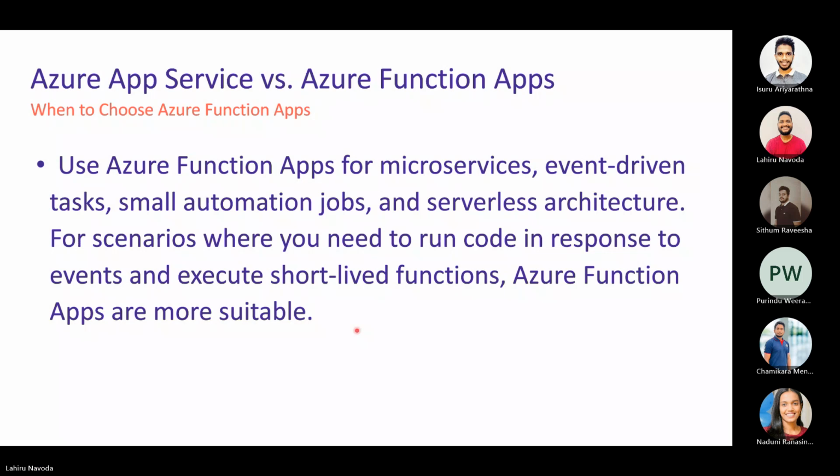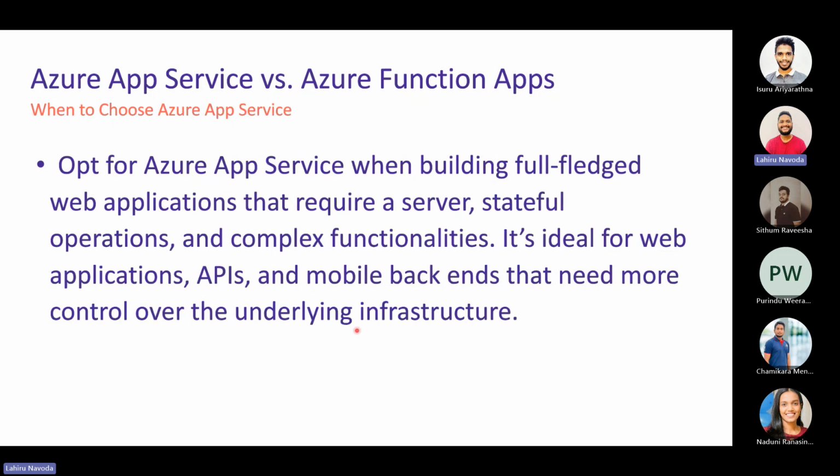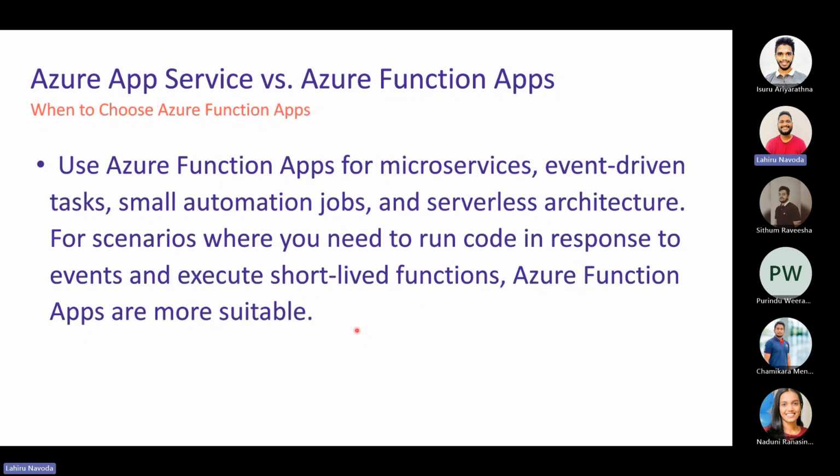So just consider, based on your scenario, what kind of service you have to use, based on the things I described here, guys. Basically, it depends on your situation when choosing the correct service for your system.